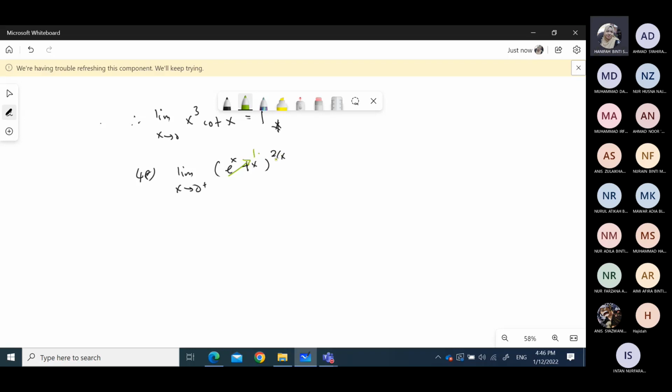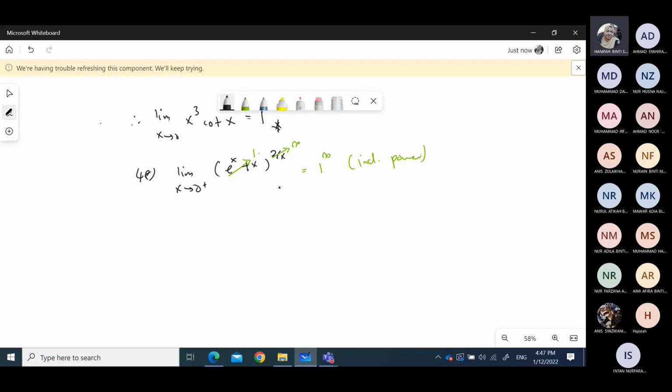This one, 2 over x, where x is approaching to 0, we have 2 over 0, so 2 over 0 is infinity. Okay, so now we have 1 to the power of infinity, which is indeterminate power, sorry, indeterminate power.